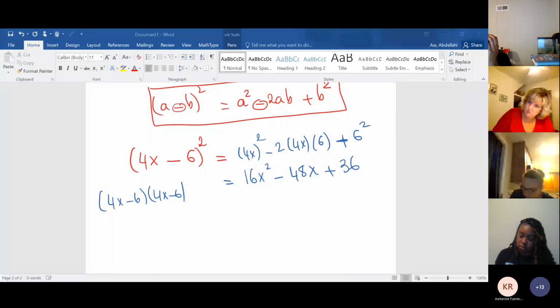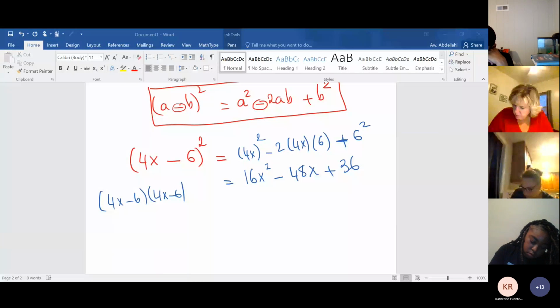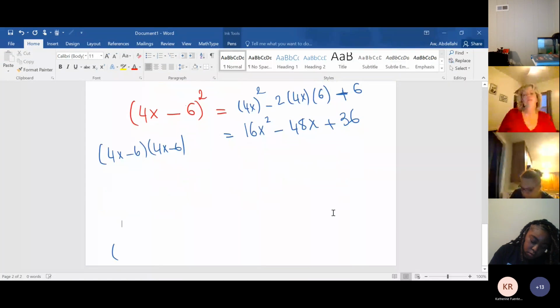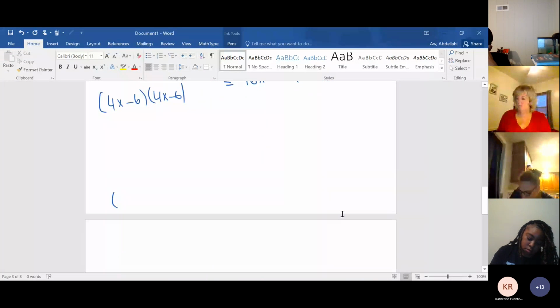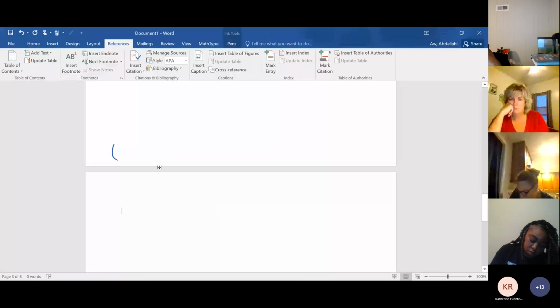No, it's going to be chapter 4. Yeah, chapter 4, section 4.1: Factoring using the greatest common factor. We are now entering chapter 4, which is all about what we call factoring.